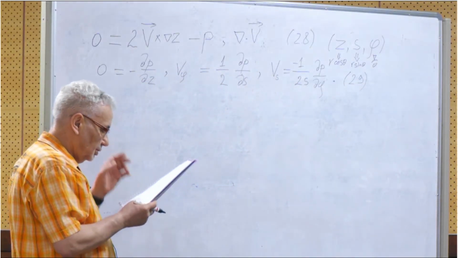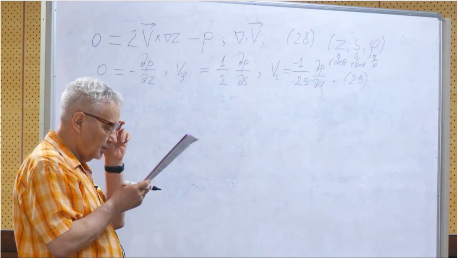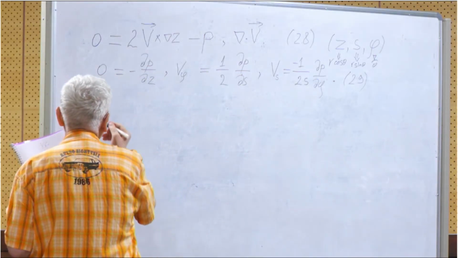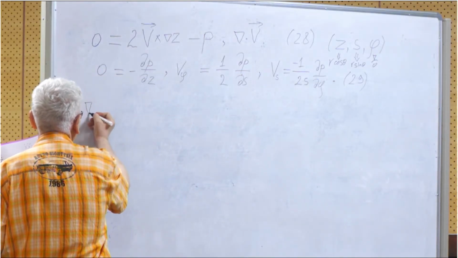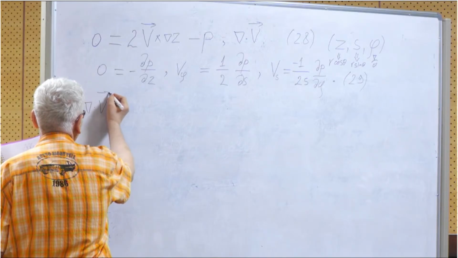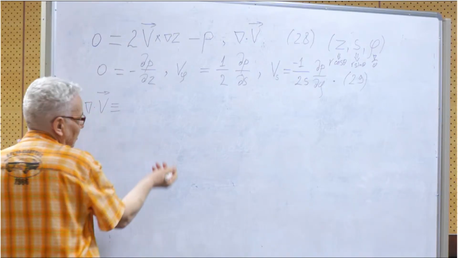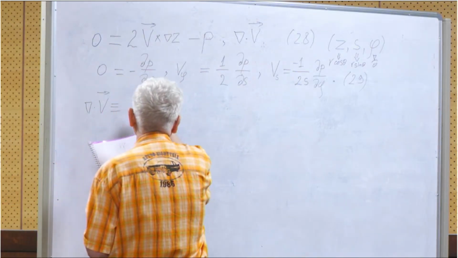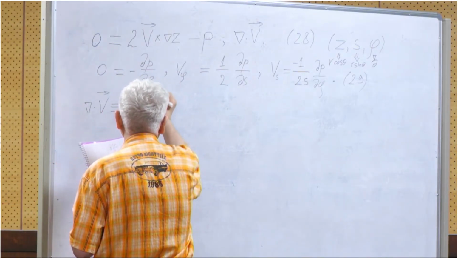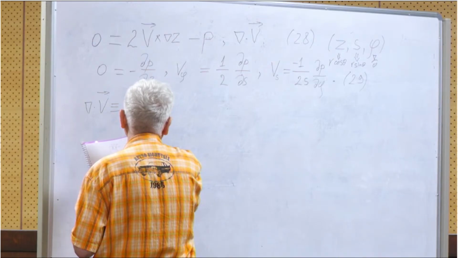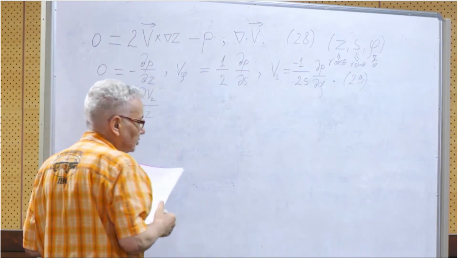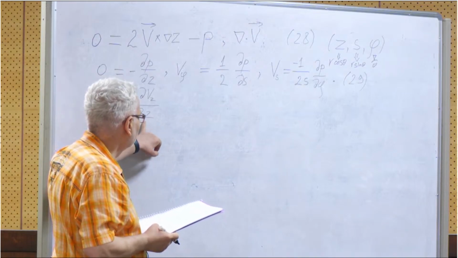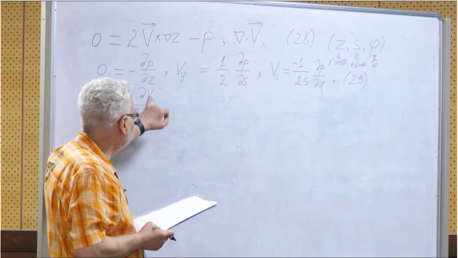So we can just expand again in the cylindrical coordinate system this divergence of the velocity, which by definition in the cylindrical coordinate system has a very simple form. Here dVz by dz, because the Lamé coefficient for the first coordinate is 1, so we have this value.